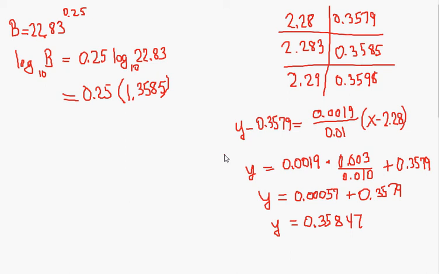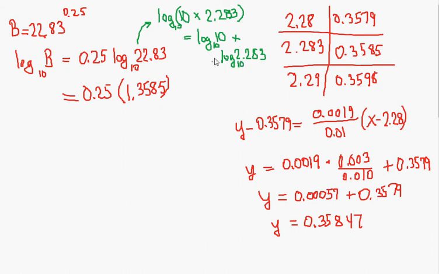And the reason for that is because the log of 22.83, let me just write up here on the top in green, is the same as the logarithm of 10 times 2.283 base 10, which then splits up as the logarithm of 10 base 10 plus the logarithm of 2.283 base 10.